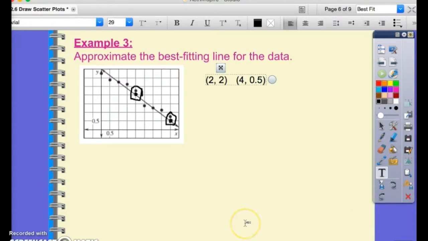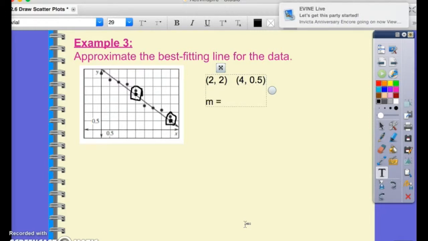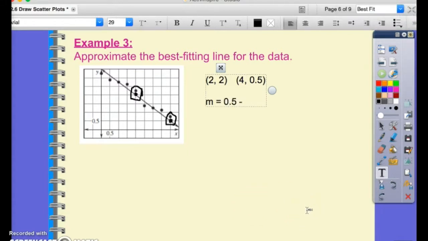So that's it for the best fitting line for the data. Now you're just going to solve like you've done before in the previous lesson. Find your slope, m equals 0.5 minus 2 over 4 minus 2, which is going to equal negative 1.5 over 2.